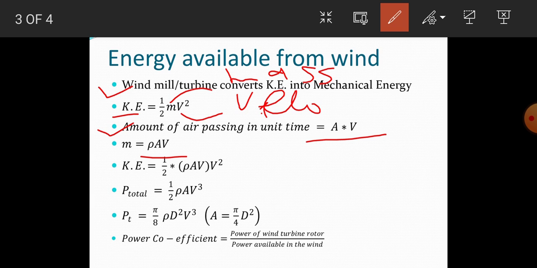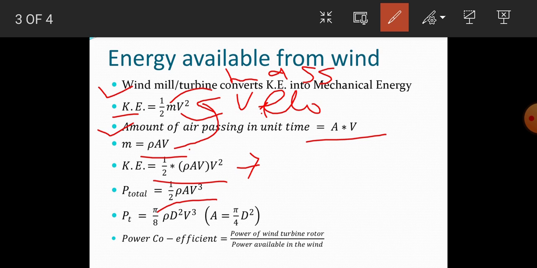So substituting the value of mass in the kinetic energy formula, we will get that kinetic energy is equal to 1/2 rho A v into v squared. After opening the brackets, kinetic energy is equal to 1/2 rho A v cube.